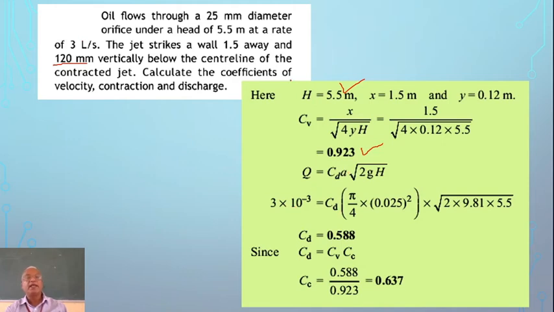A is pi d squared by 4 with diameter 0.025 meter, into root 2 GH. Substituting, 0.588 or 0.59 would be the CD value. Now using CD equal to CV into CC, you can calculate CC as 0.637. Okay, all the three coefficients are found.